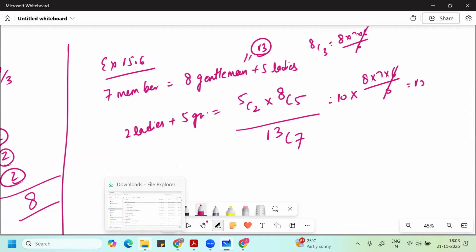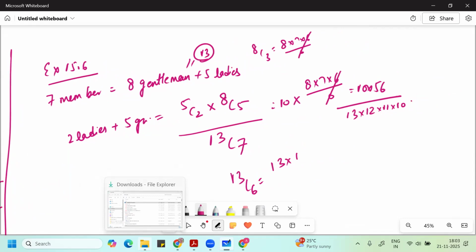So 10 into 56 by 13C7. 13C7 is 13C6, since nCr is nC(n minus r). 13C7 is 13 into 12 into 11 into 10 into 9 into 8, that is 6 terms, divided by 6 factorial. 6 factorial means 6 into 5 into 4 into 3 into 2.